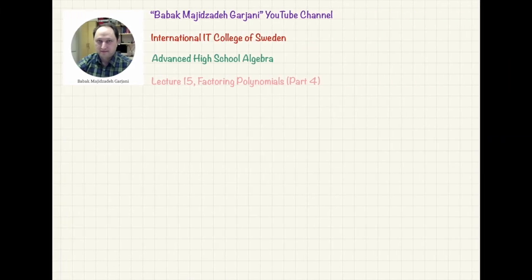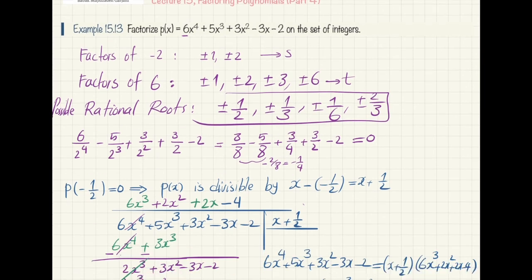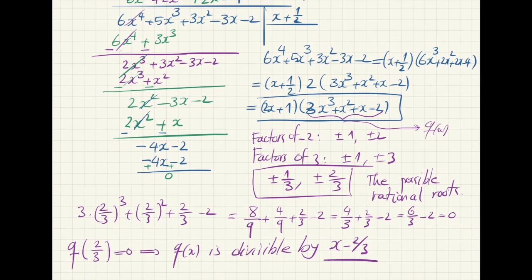So I can clean the rest that I don't need. Yes. So this is my Q(x). Yes. This is my Q(x). And then as I did it here, I know that this Q(x) is divisible by x minus 2/3.